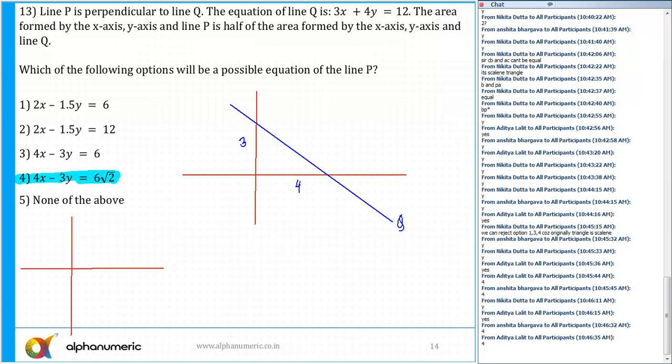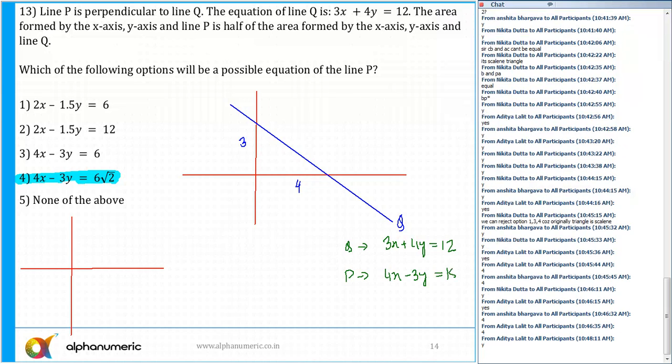If the equation of this line is 3x plus 4y equal to 12, this is the line Q, isn't it? So the line P is going to be in the form of 4x minus 3y equal to some constant term K. Yes or no?